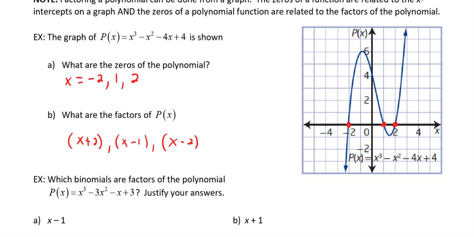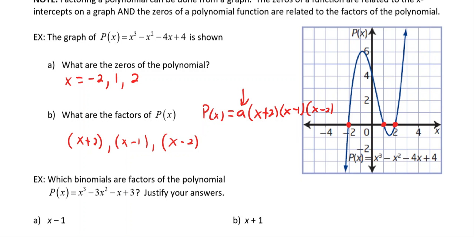Now, could I just put all those together and say this equation definitely is x plus 2 times x minus 1 times x minus 2? You actually can't, and the reason is because technically this thing would look like this. It'd be p of x is equal to a times x plus 2 times x minus 1 times x minus 2. And we'd have to figure out what that stretch factor was. How would you find out that stretch factor from like the last lesson or last unit? Yeah, the y-intercept.